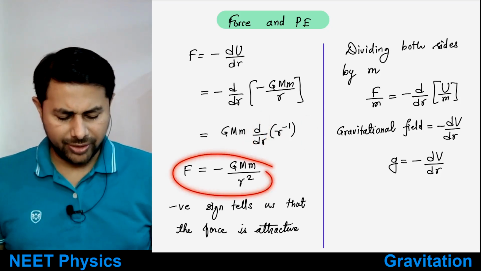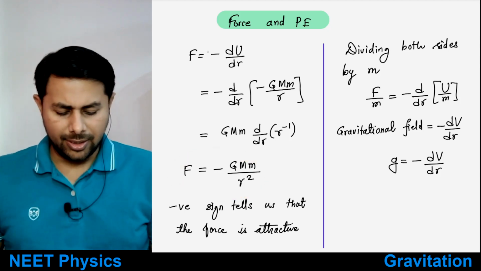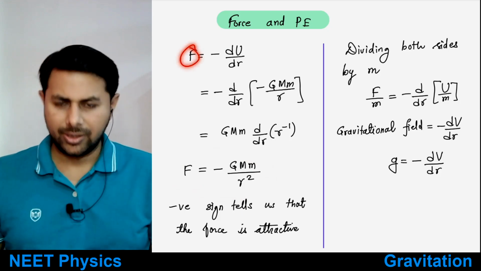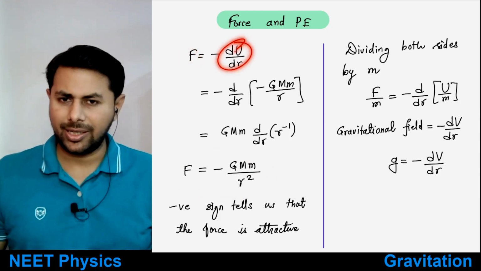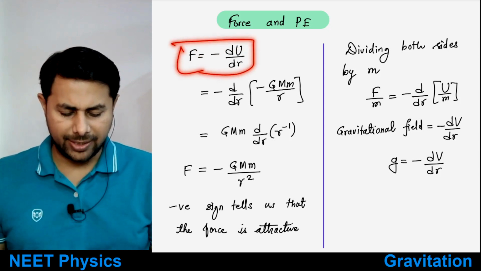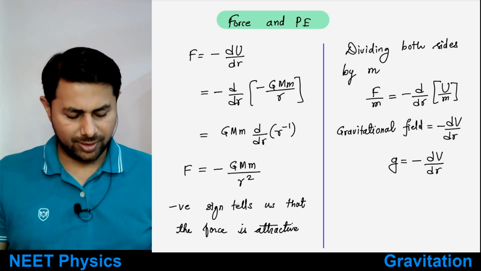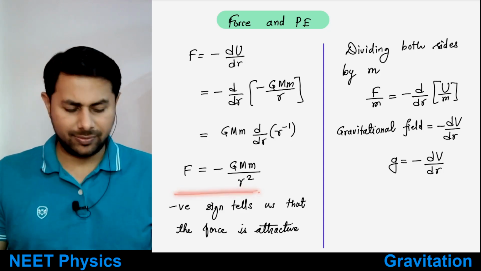So once again what do you get? You get back the gravitational force, right? So this is the relation between a conservative force and potential energy. We know this from work, energy and power. So here we have just verified it for the case of gravitational force. This thing is clear, everyone?